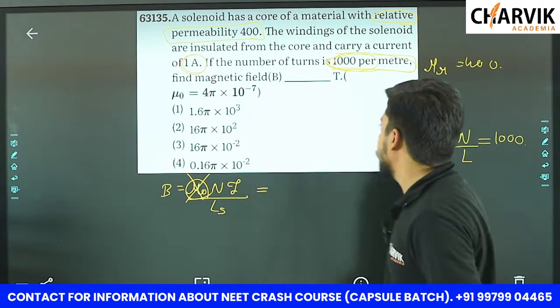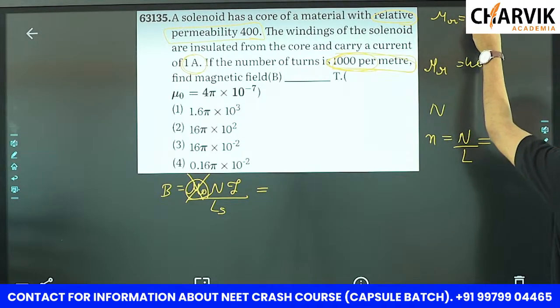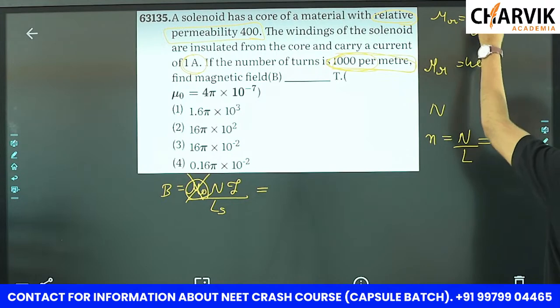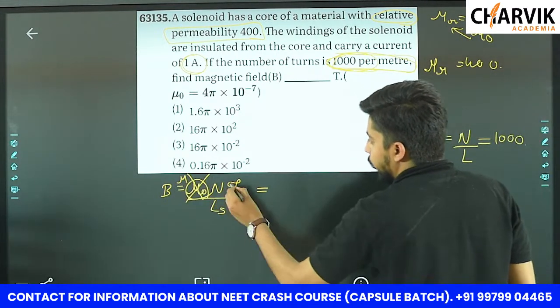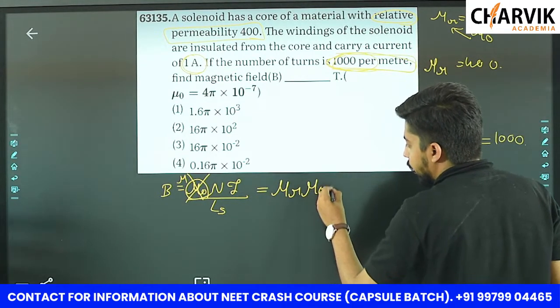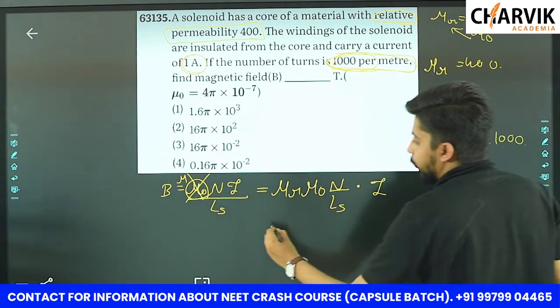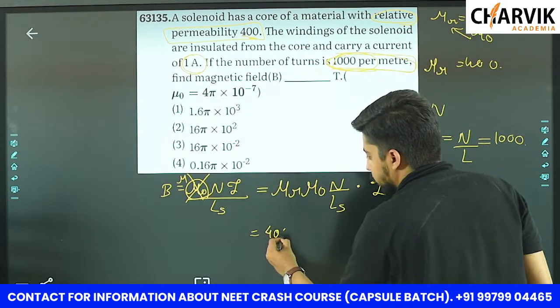We have the formula: mu r is equal to permeability of the material divided by mu naught. So the formula of mu becomes mu r into mu naught. So here instead of mu, I should write mu r into mu naught into N divided by length of the solenoid into current. Now relative permeability is given in the question, which is 400.